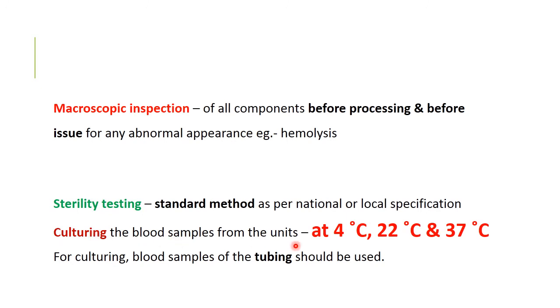Culturing can be done on culture plates at different temperatures: 4 degrees, 22 degrees as well as 37 degrees centigrade. We do this sterility testing to detect the presence of bacteria, whether present as a contaminant during the process in the blood bank.